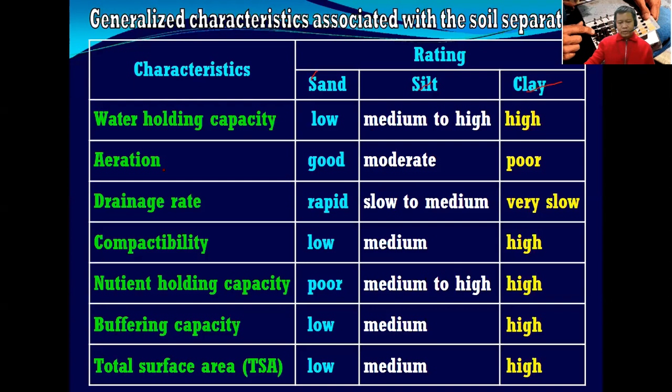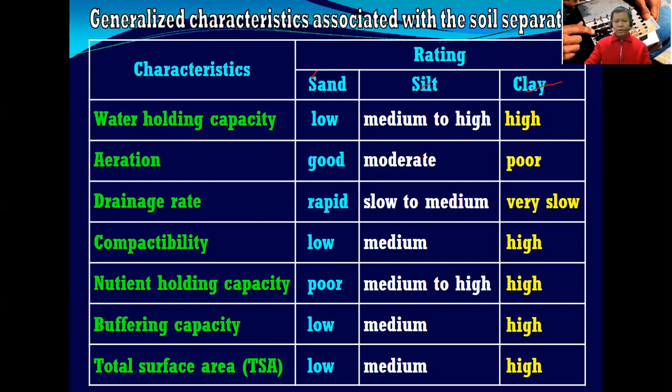Aeration, movement of air, good aeration in the sand, air could move freely under sand particles. Then moderate doon sa silt, ang poor ang aeration doon sa clay. So hindi maganda kung halos porous or clay lang lahat kasi mahirapan tayo sa aeration. Hindi rin maganda pag sandy lahat kasi hindi siya nag-hold ng water.